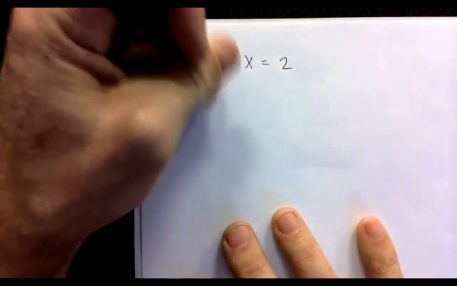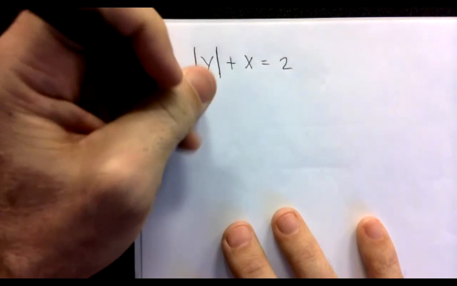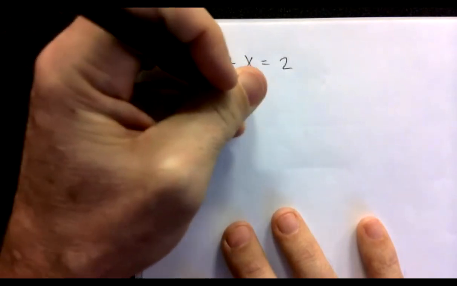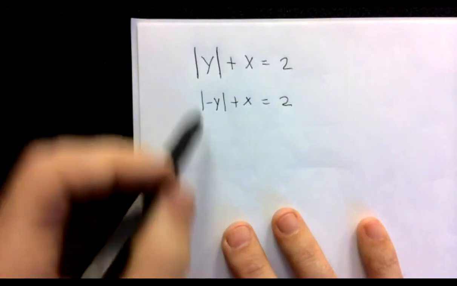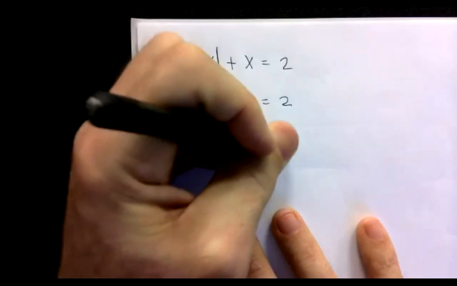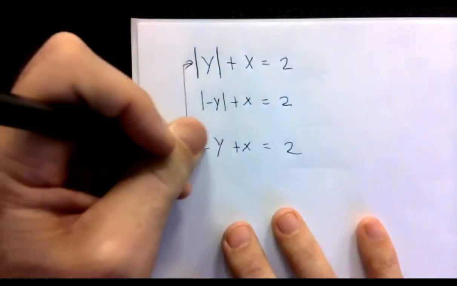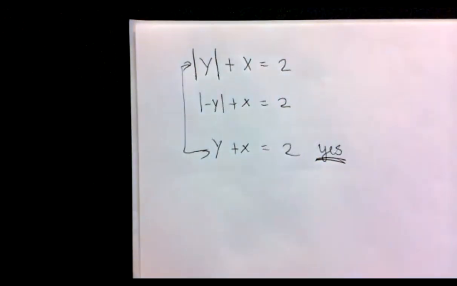Absolute value is these vertical bars. Absolute value takes whatever is inside of here and makes it positive. So if I plug in a negative y, the absolute value of a negative is a positive. So this and this would still be the same function. So this one would have symmetry with respect to x.